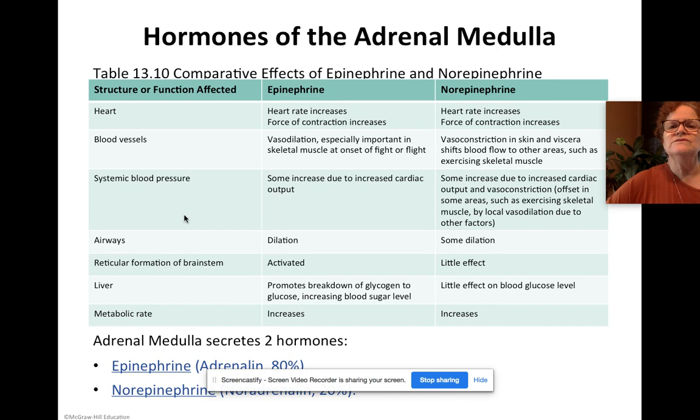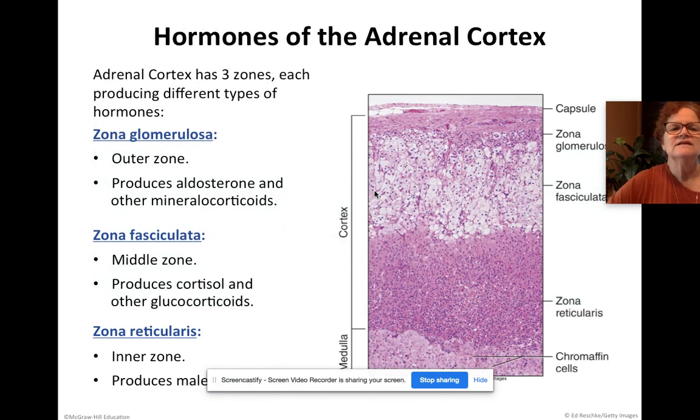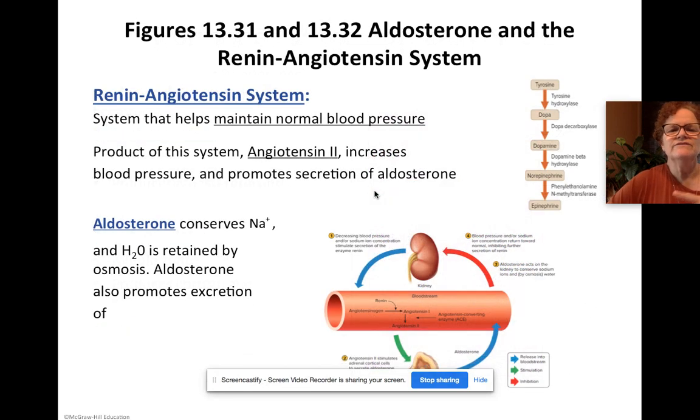The hormones that we've got here, epinephrine and norepinephrine, these are really interesting, where these come from, what they do. So read through that. These are the hormones of the adrenal cortex. Okay, you don't have to worry about that.